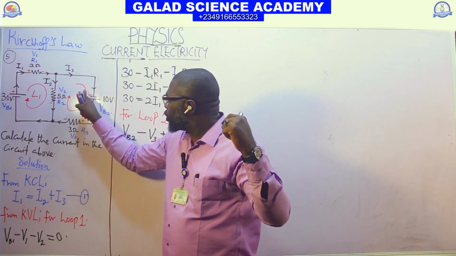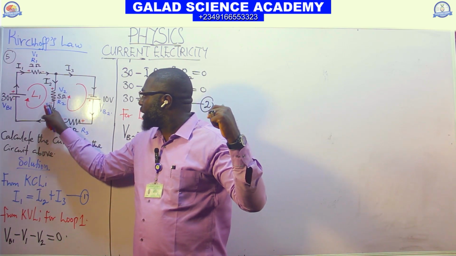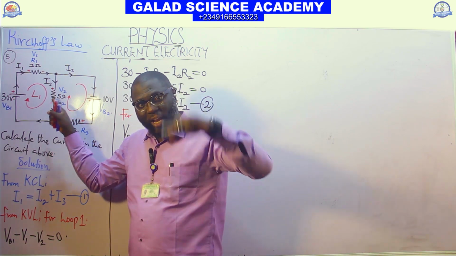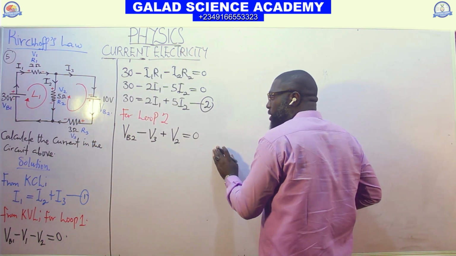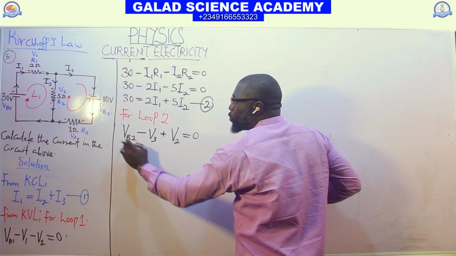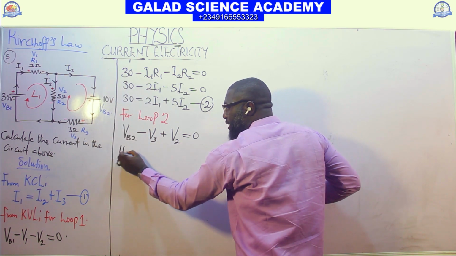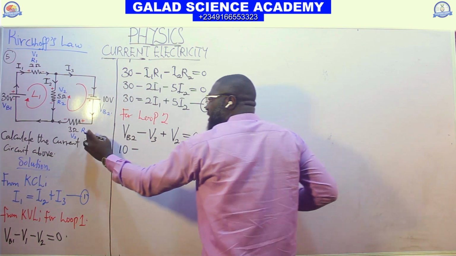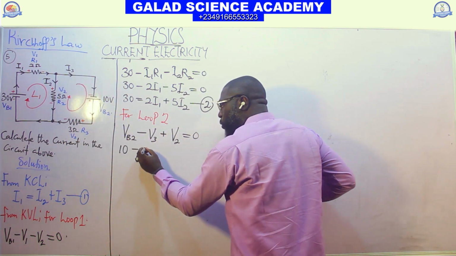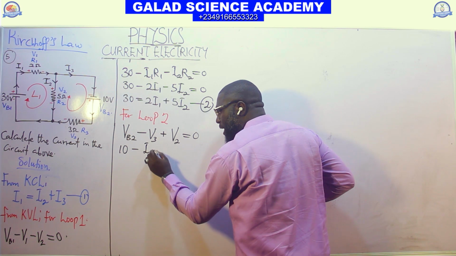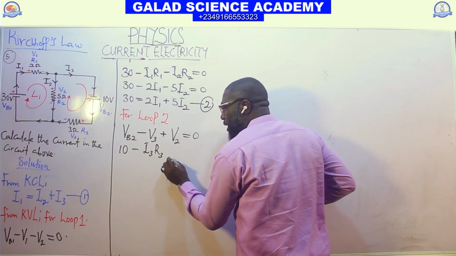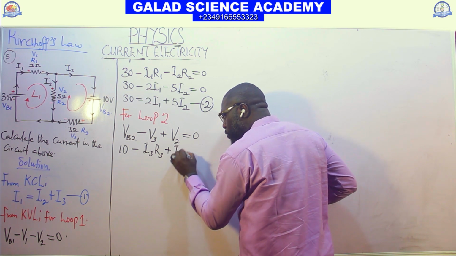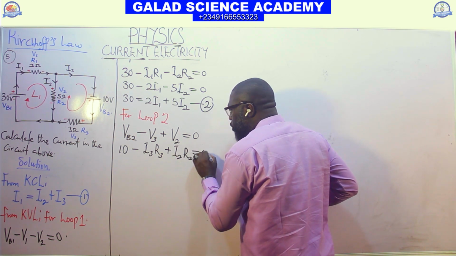When the loop is moving up like this, minus plus, so the voltage will rise. So equal to 0. What is VB2? Battery is 10. What is V3? The V3 has its own current, I3 R3, plus I2 R2 equal to 0.